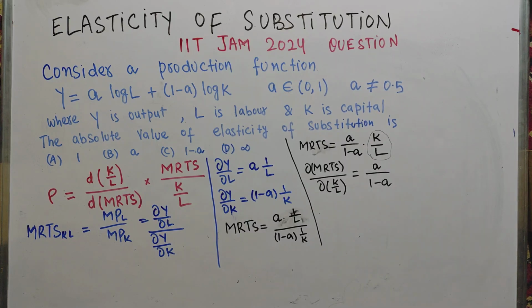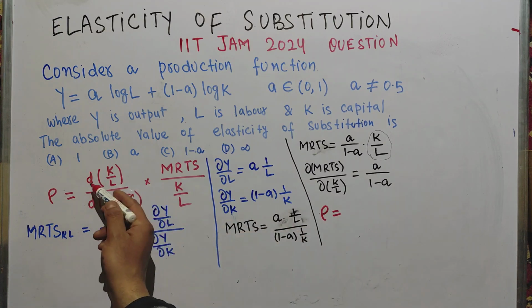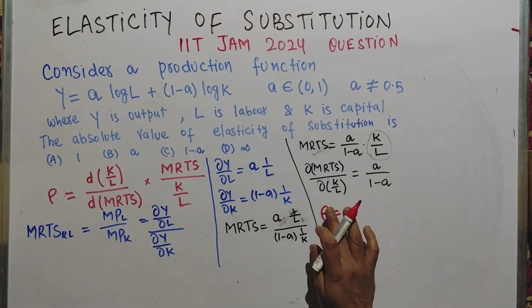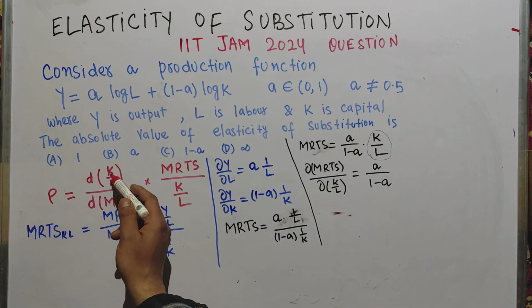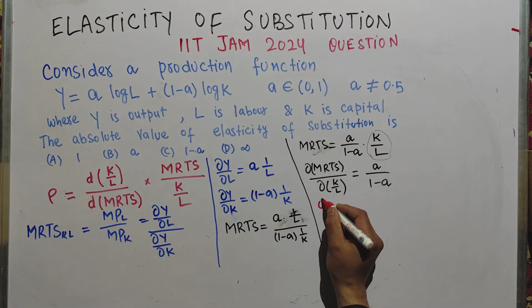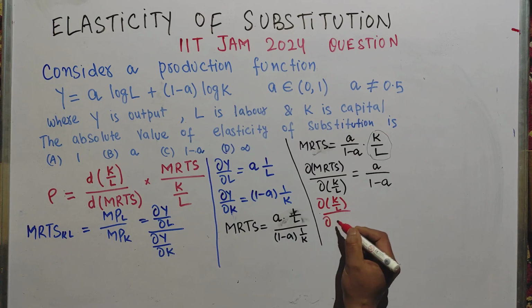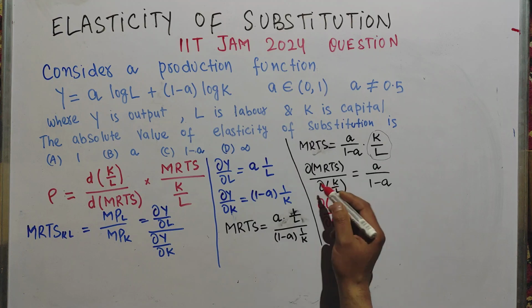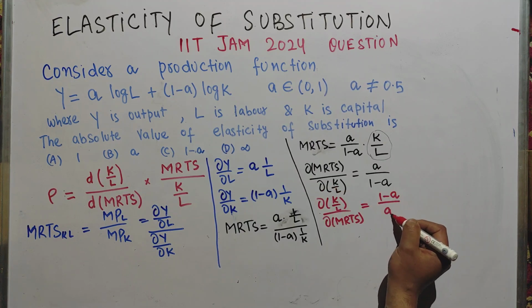Okay, then for elasticity of substitution we need to find out d(K upon L) upon d MRTS. Let's reciprocate it. So we can write it as del K upon L divided by del MRTS. We are just reciprocating this, so we will get 1 minus a divided by a. Okay, reciprocating both sides, we get this.